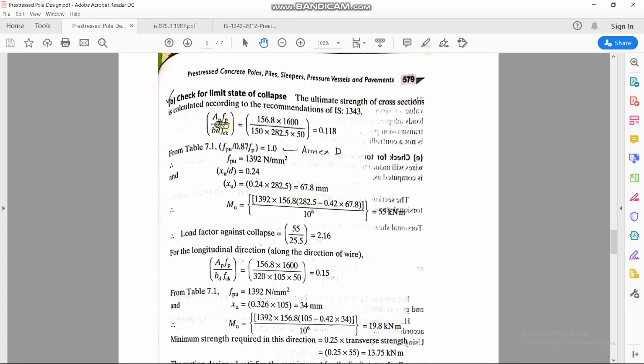You see Ap, how you are finding it: for each 5 millimeter wire, you have an area of 19.6 millimeter square.